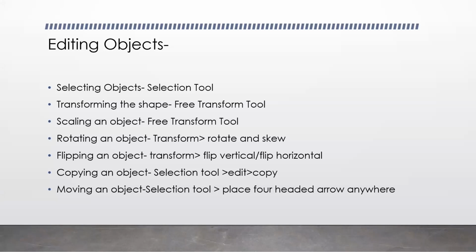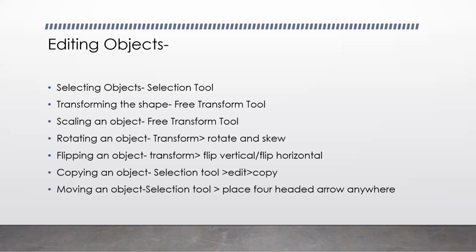If you want to transform the shape of a particular object, then you have to use the free transform tool. If you want to scale an object, and what is scaling? Scaling means that you want to increase the size of a particular object. For this, again, you have to use the free transform tool. You can learn all these tools and the different edits you want to do in your objects from this slide.